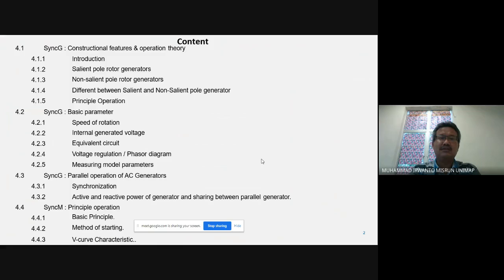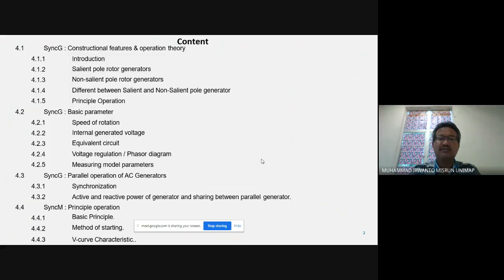We want to find the basic parameters, Ra, the short circuit current, the base voltage of the synchronous generator, the internal generated voltage, the equivalent circuit, the voltage regulator, and the model of the synchronous generator.